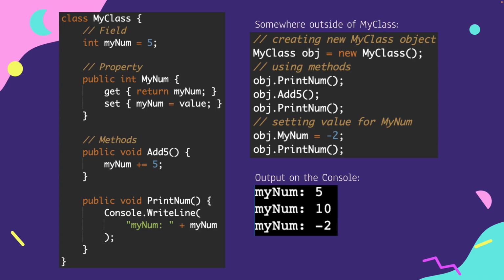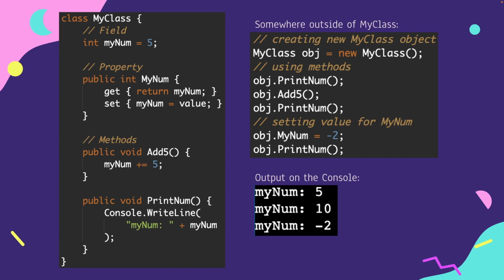And the word value, as you see, is not like a variable. Value is implicitly defined by C#. So C# does a lot of cool things for you. And again, that's used for stuff outside of my class accessing the fields inside of my class. And at the bottom, we have our methods, which are the functions that we talked about. In this case, we have add5, which is public, which means somebody outside my class can see that this is a method that I have.